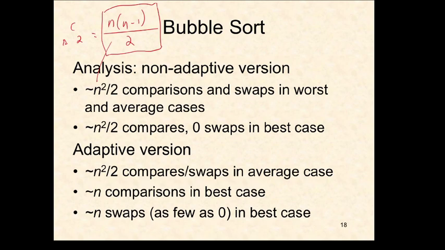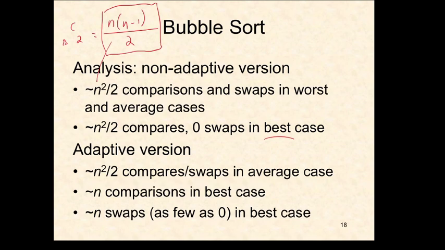So we don't compare anyone to themselves, we don't compare anyone to things that have already been sorted. So we get about this many comparisons and swaps in the worst and the average cases. In the best case, we still do all of the comparisons, we just don't do any swaps.